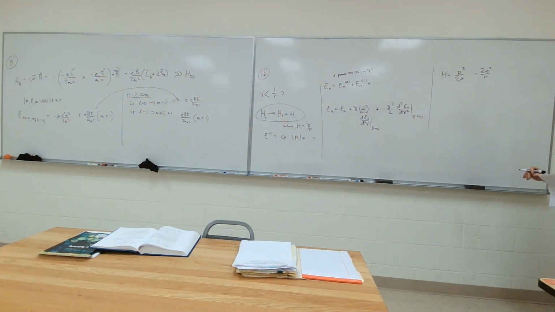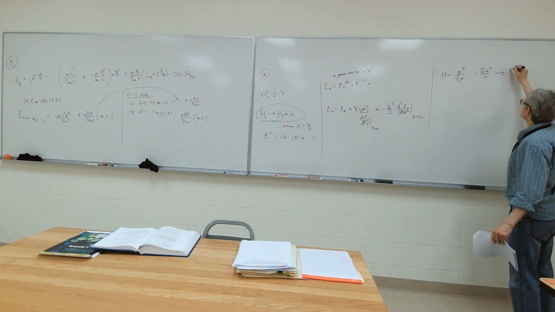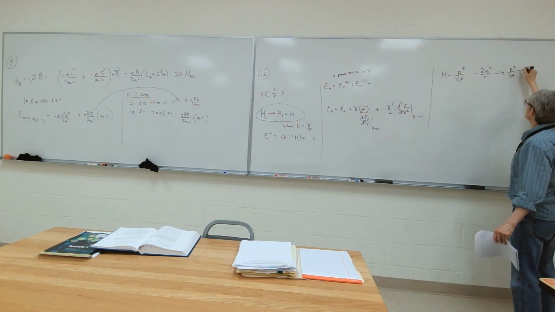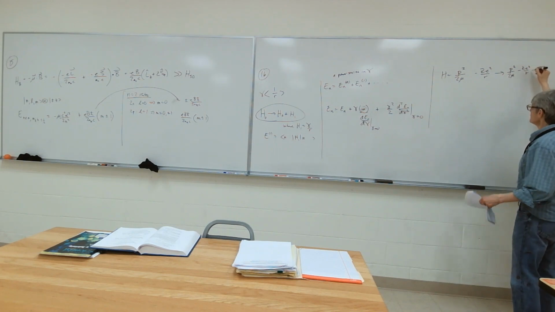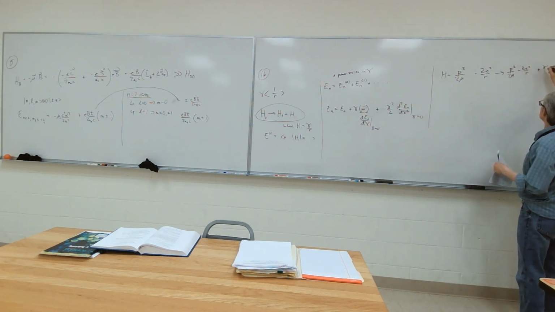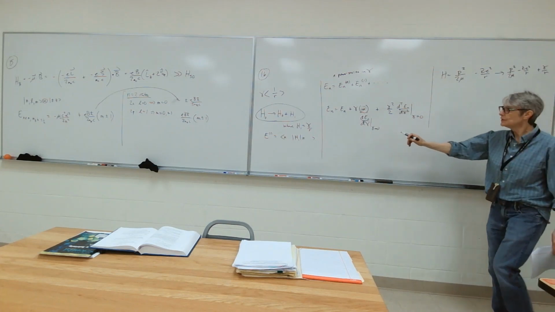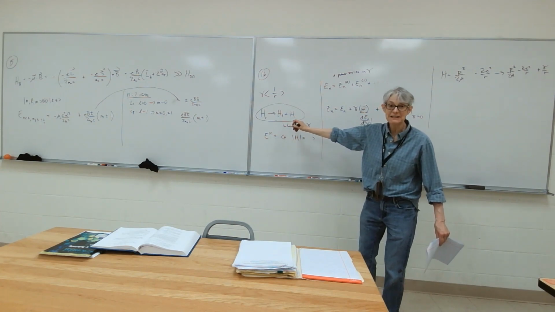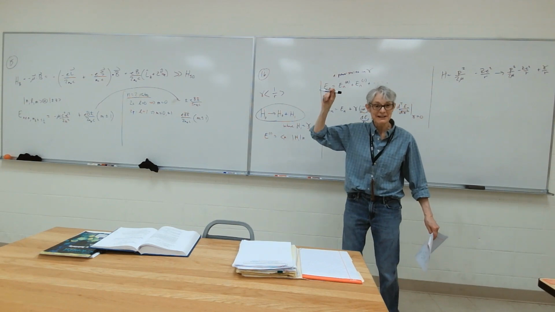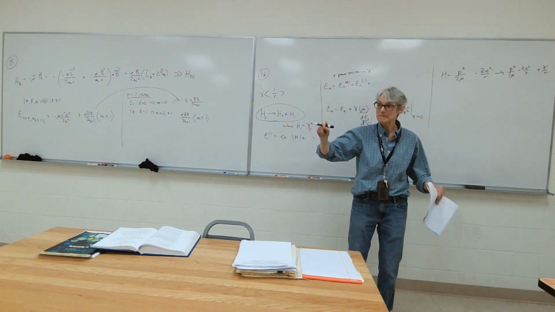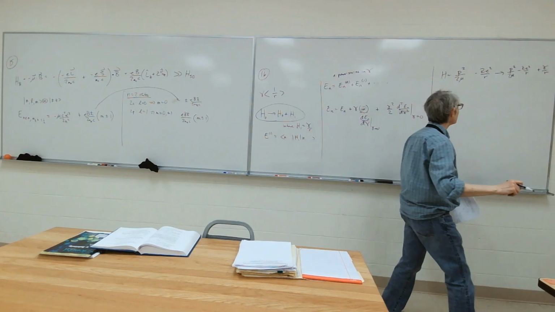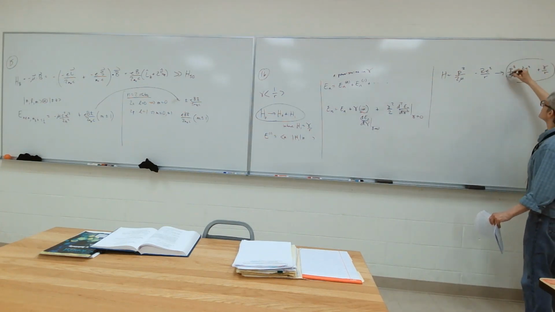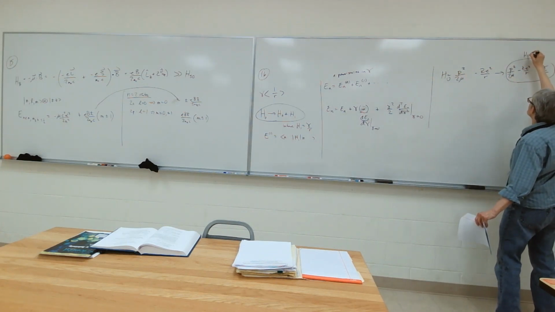So this goes to P squared over 2 mu minus Z e squared over R plus gamma over R. That's the full Hamiltonian, H naught plus H1. Everybody still okay? I realize I'm asking you to keep a lot in your head at once to go through this little trick, but you'll realize how cute it is once we get done. So this is H naught, and this is H naught plus H1.